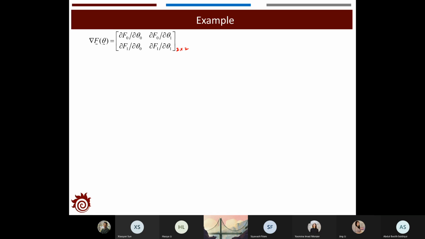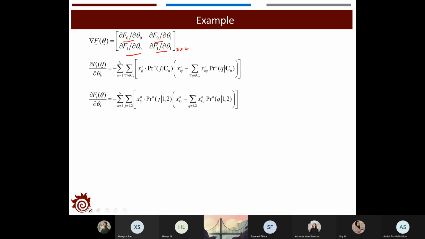Which means that we only need to find out the expressions of these four components: partial f0 over partial theta 0, partial f0 over partial theta 1, and so on. Well, again, we can just cite the conclusion we get from the previous analysis, and with that we get the result. I'm going to skip those processes.